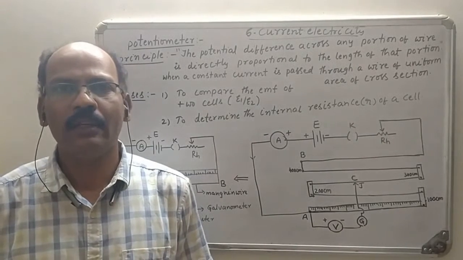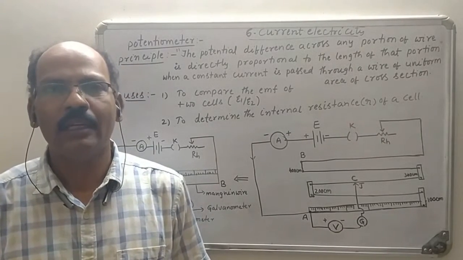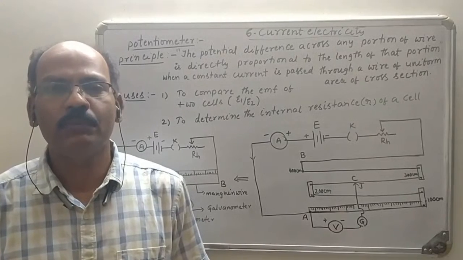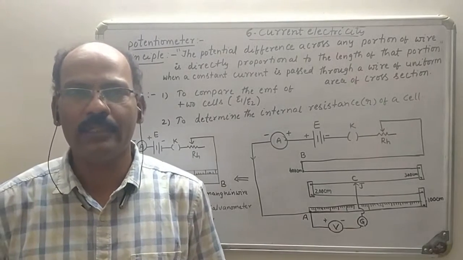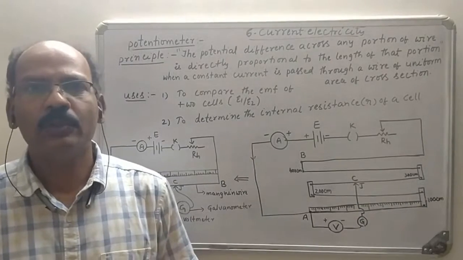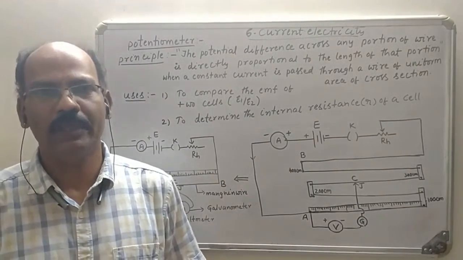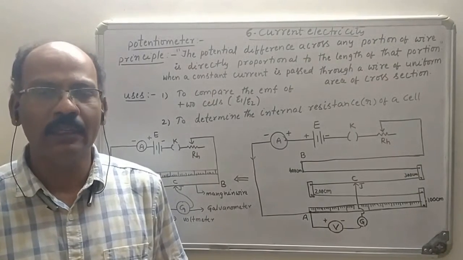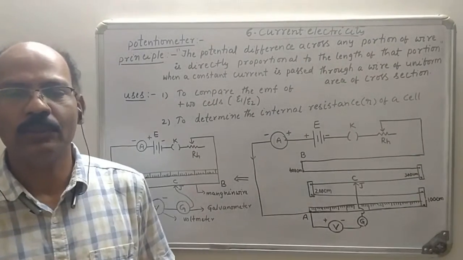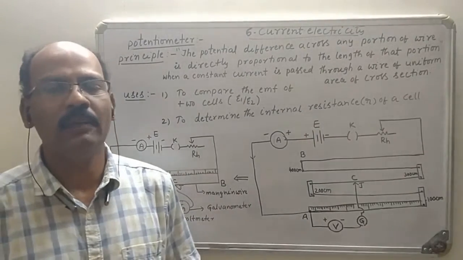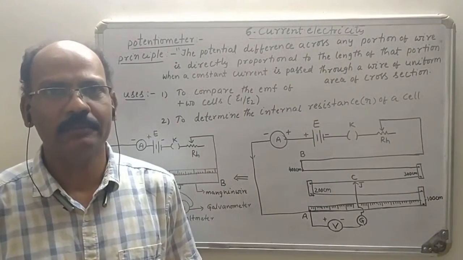So we already learned another device which is used to measure the potential difference between any two points in any closed circuit, which is nothing but voltmeter. So voltmeter is the device that is also used to measure the potential difference between two points.